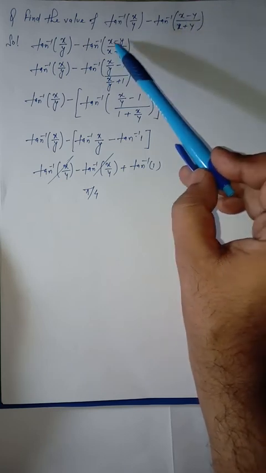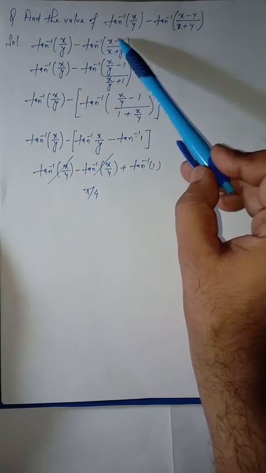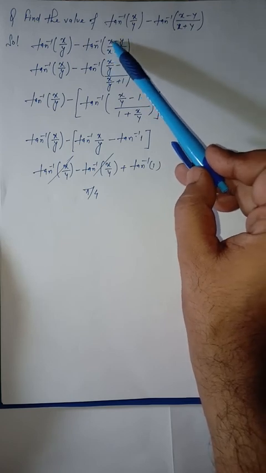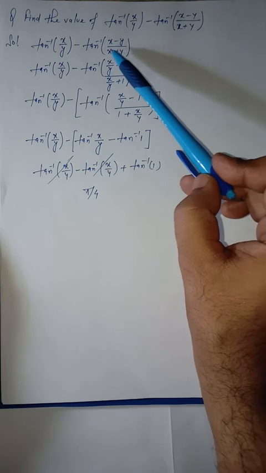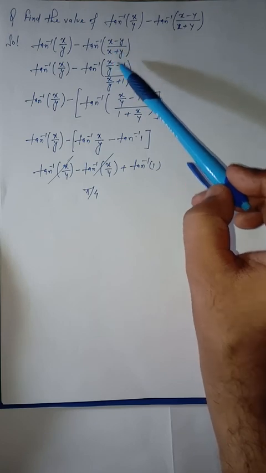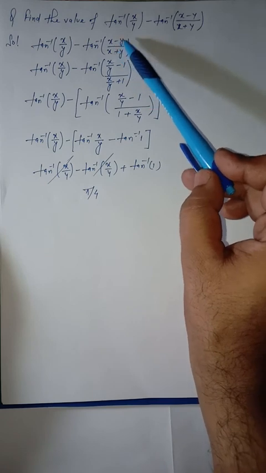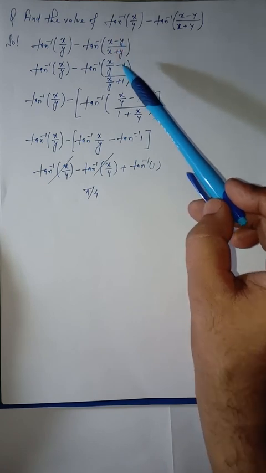So in this portion you divide both numerator and denominator by y. So this is x by y minus 1, and this is x by y plus 1. Here I have divided both numerator and denominator by y.